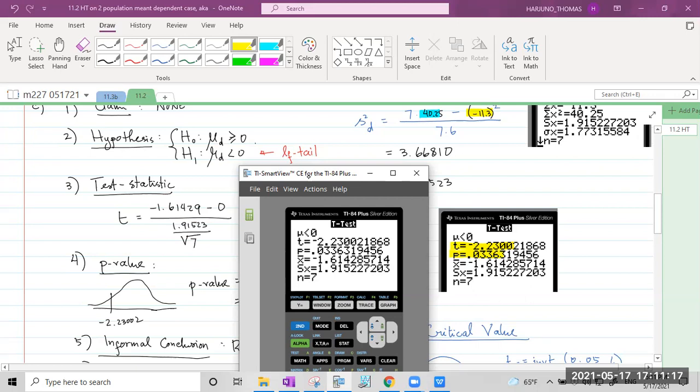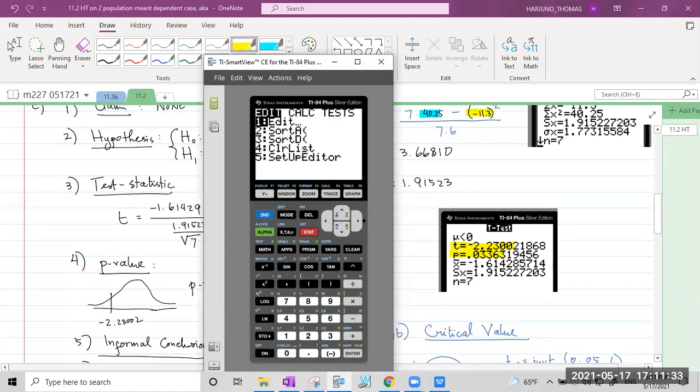Okay, but this result does not give you the sum of d and sum of d squared. To get the sum of d squared, you go to stats, one var stats, apply that to list 3.